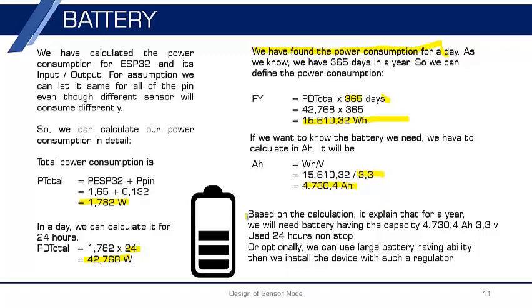Or based on the calculation, we will need a battery having a capacity around this number, if we want to use it 24 hours non-stop, or optionally we can use a large battery that has the ability, then we install the device with a regulator and others.